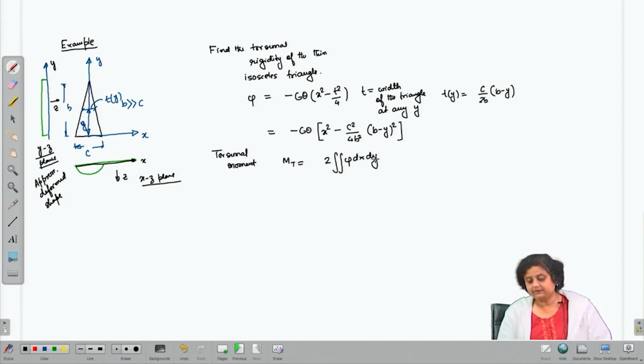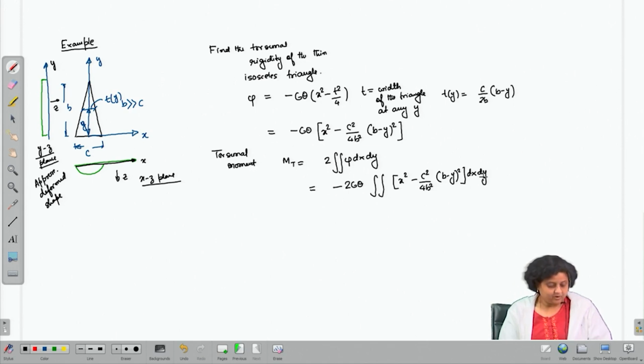By substituting the value of phi, we can write this as minus 2G theta times the integral.